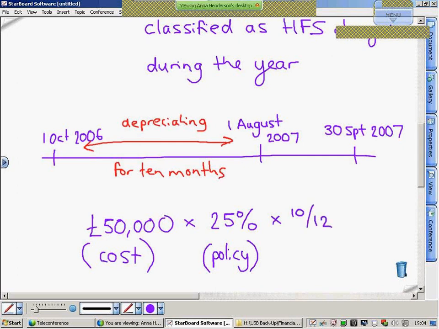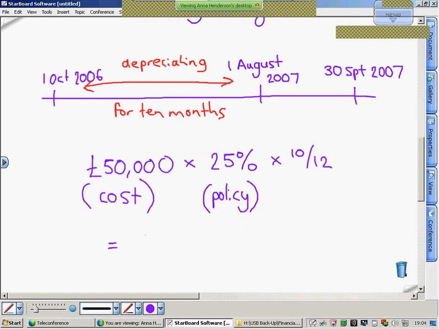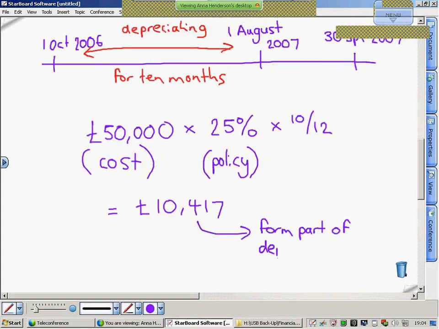And what happens in the year where we were depreciating? So for 2007, 1,417 forms part of the depreciation charge for 2007.